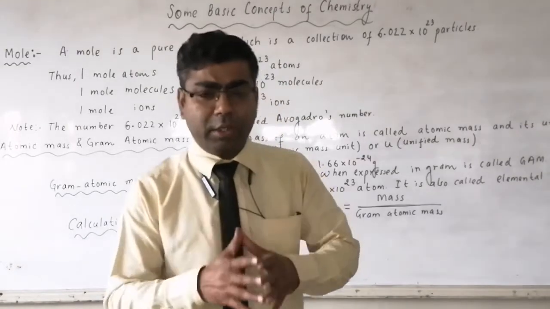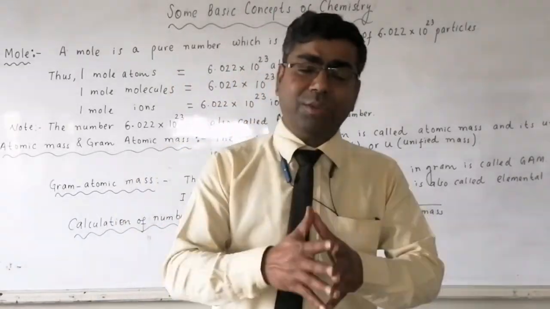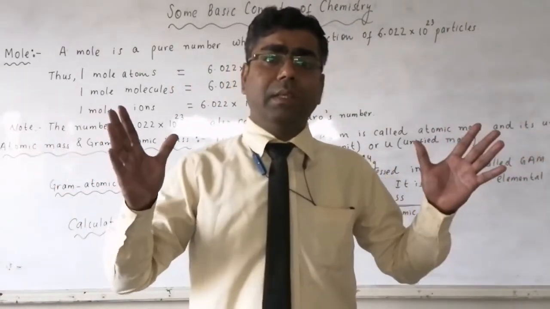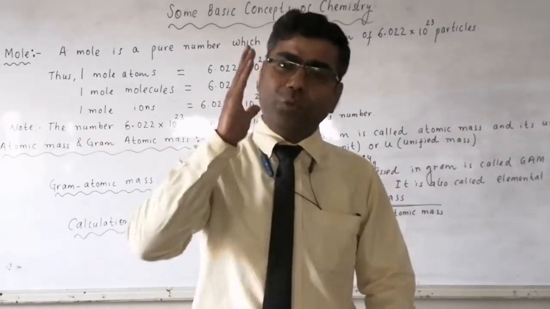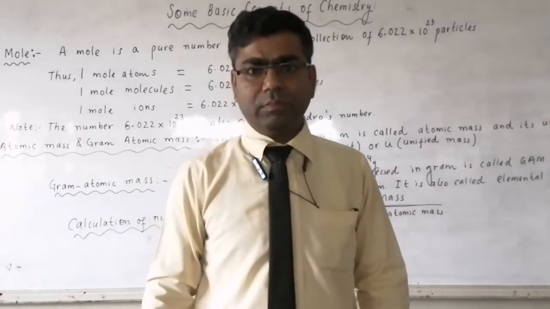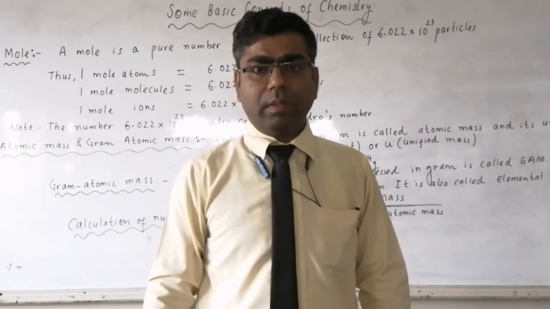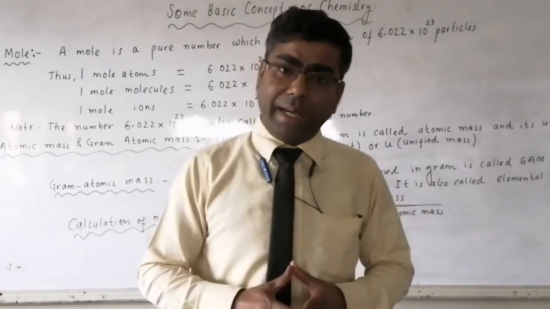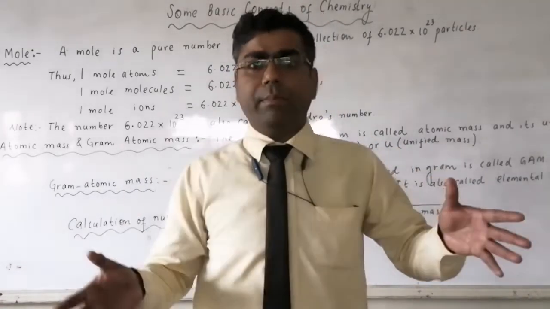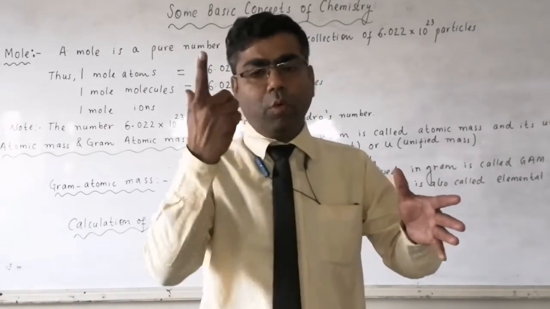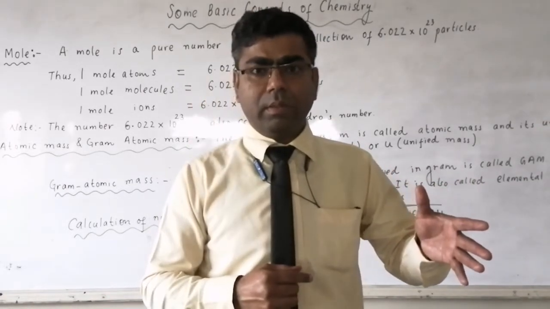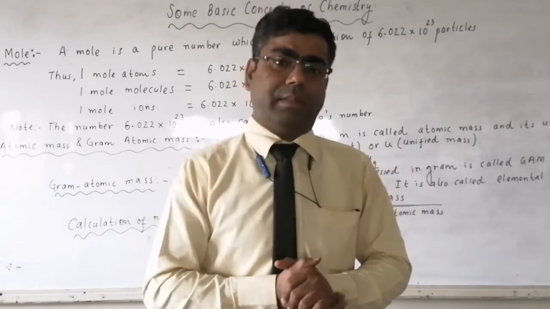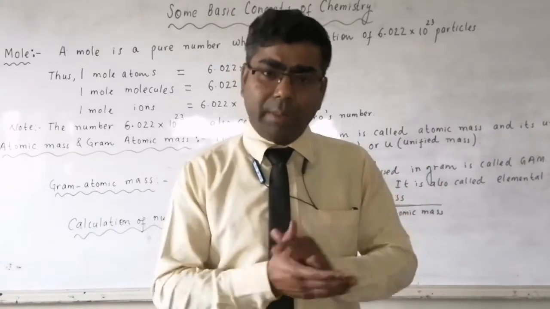So when 6.022 × 10^23 carbon atoms are taken together, then the mass becomes 12 gram. This mass is called gram atomic mass, 12 AMU to 12 gram, and we need 1 mole of atoms. This mass is called elemental mass.